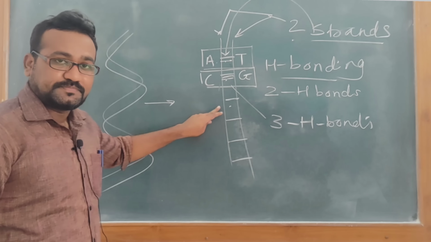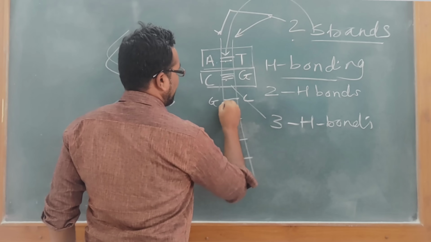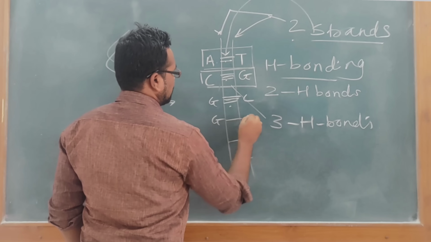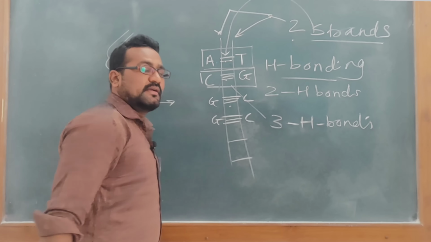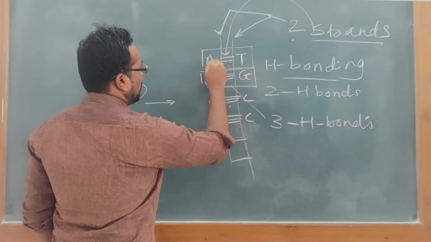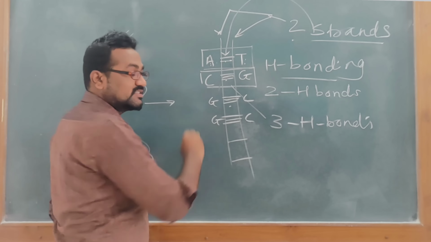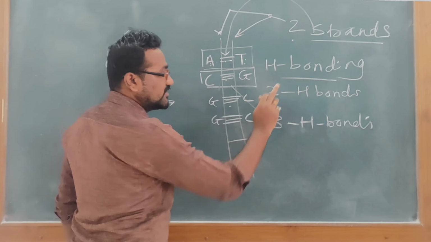In one strand, you may have different types of nucleotides. Two nucleotides from opposite strands, that is, from different strands, are connected by hydrogen bonds.